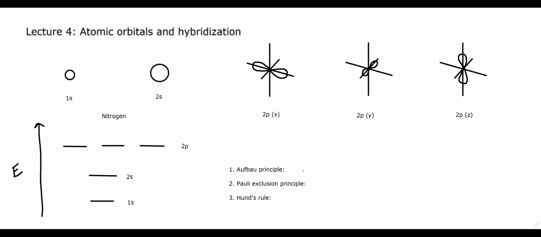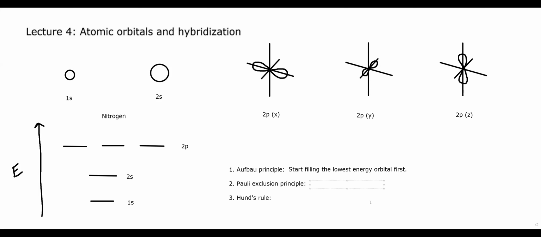Okay? Hopefully you remember what these are. Aufbau principle. This simply means that you start with the lowest energy orbital first. Okay? You simply start by filling the lowest energy orbital first.